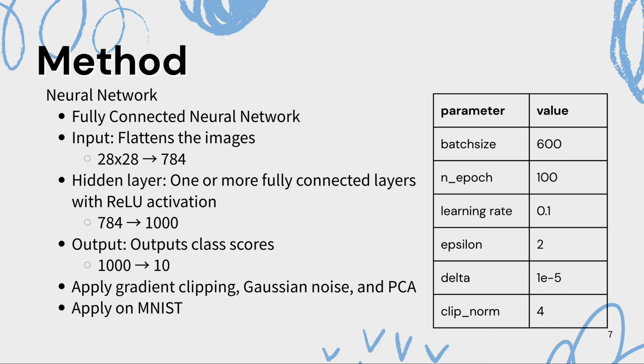Finally, the output layer reduces the features to 10 dimensions, corresponding to the 10 digit classes in MNIST. To ensure differential privacy, we apply gradient clipping and Gaussian noise, and also incorporate principal component analysis as a preprocessing step. This method was implemented and evaluated on MNIST data. The next slide will present the specific parameters we used.